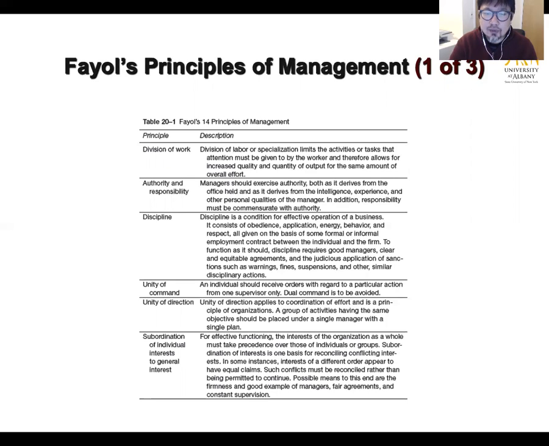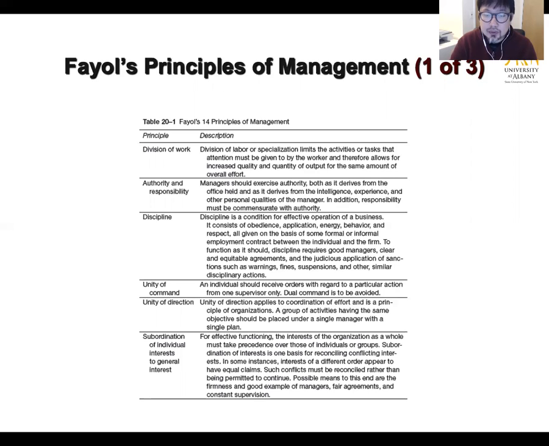I'm not going to talk about each of these in detail, but I will mention the principles. Division of work, basically division of labor and specialization. Authority and responsibility: people know their responsibility and how much authority they have. People should be disciplined because this is the way people can work efficiently.